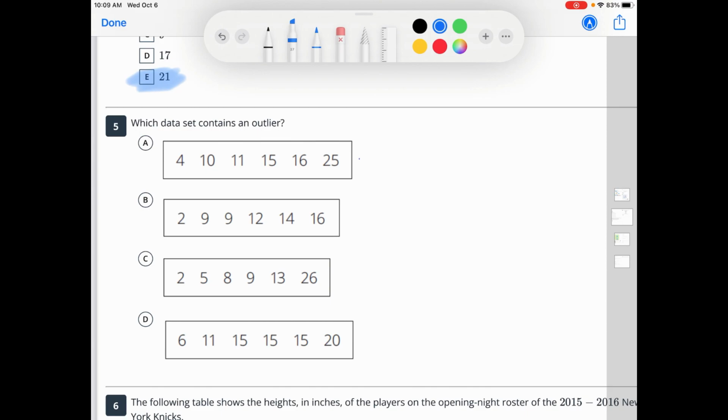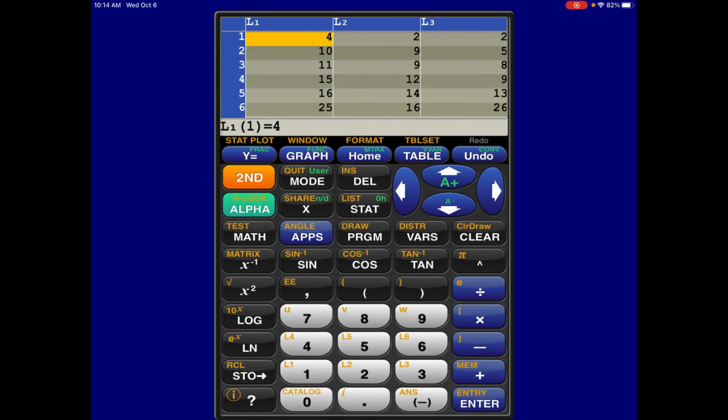Question number 5, which of these would be an outlier? I'm going to have to use my formula. All right, I went ahead and put all of the numbers into lists 1, 2, 3, and 4.